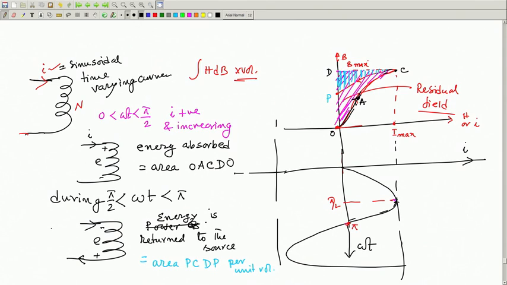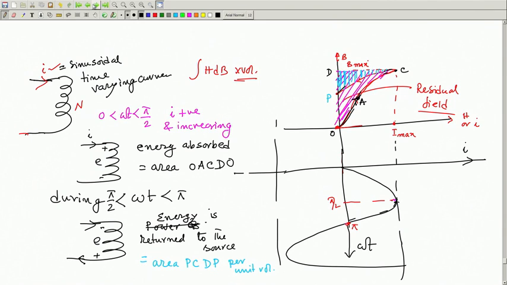How much energy is delivered? Once again integral H dB, but the BH curve is like this one, and this area will be this one. Therefore, the difference of these areas represents the energy absorbed by the coil.